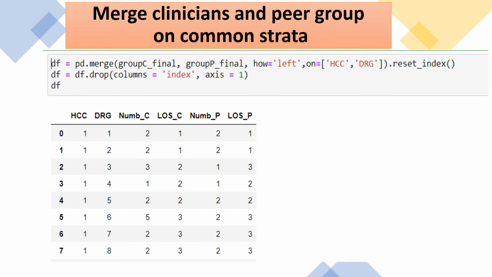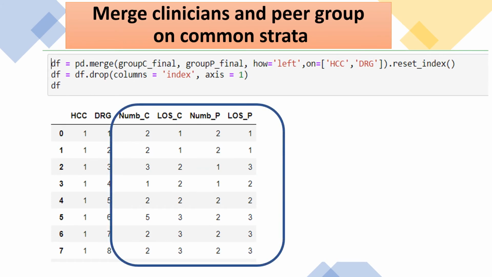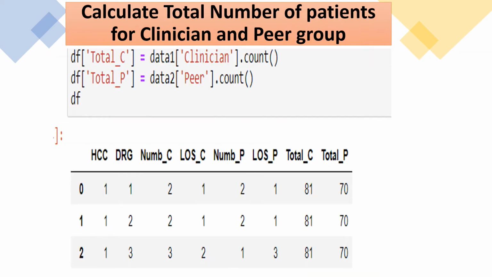Now we wanted to make one table with all the data which we have from the clinician and peer group. And then we have to calculate the total number of patients for the clinician and peer group. In the clinician group, we have totally 81 patients, and in the peer group, we have 70 patients.